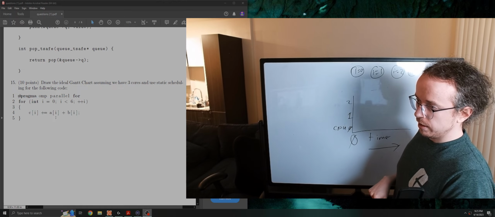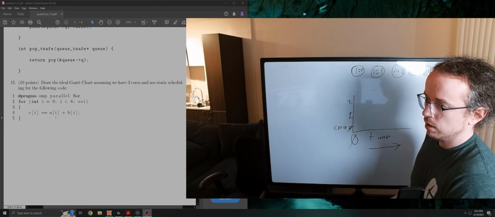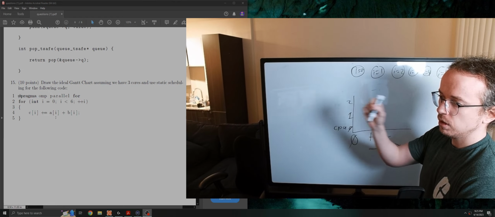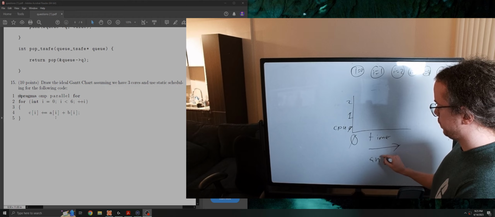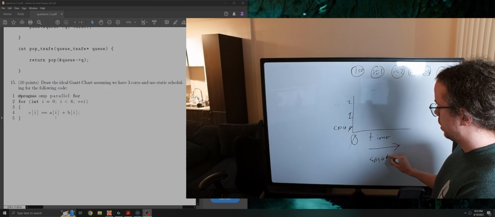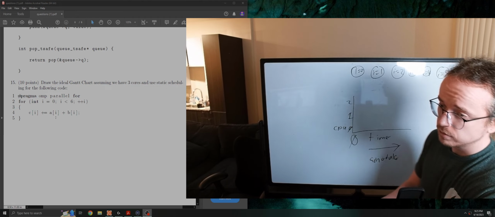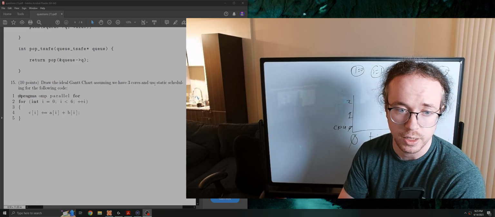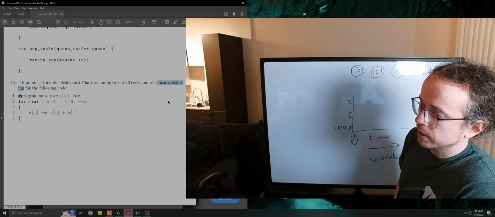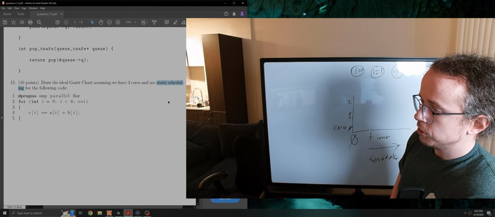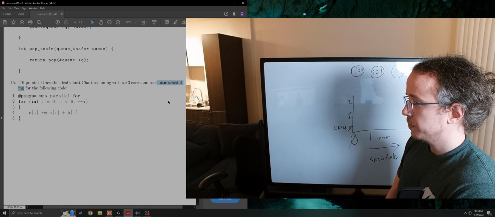Now, in a Gantt chart, we draw the schedule of the parallel task graph. We draw the schedule that we want. We were asked to provide a static schedule. Static schedule is decided at the beginning of time. We're going to partition our tasks.